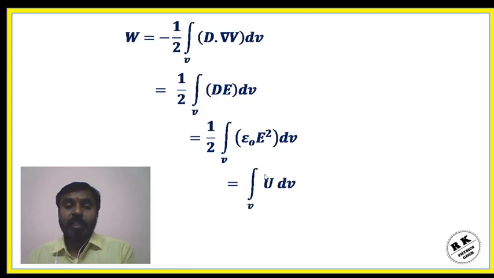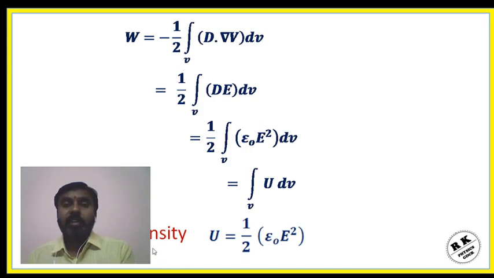Remember that this u is called the energy density of our system of charges, where u is equal to half epsilon naught E square. So we have derived the potential energy equation, and also the energy density equation.